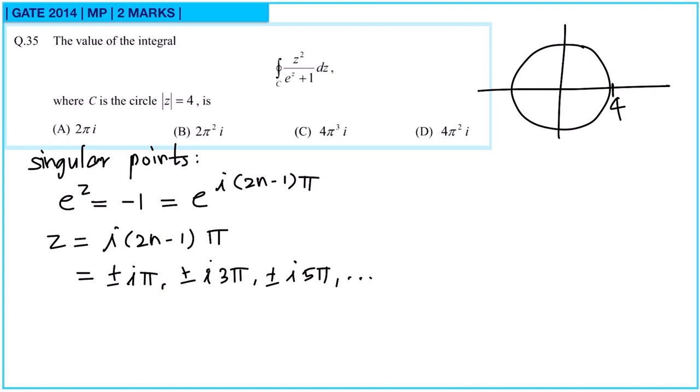Now we have to consider only those singular points which lie inside the curve. Now pi is 3.142, into 3 it will be 9 point something, so it is outside this curve. So only plus minus i pi lies inside the curve.